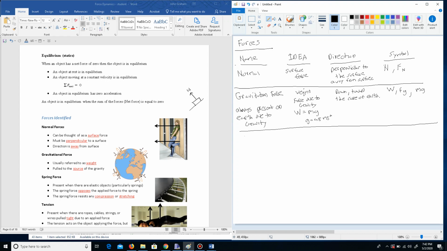Then we got the spring force. This is present in any kind of elastic objects, particularly springs.